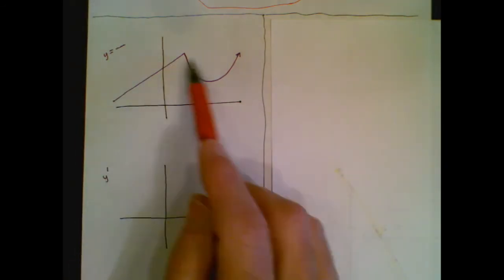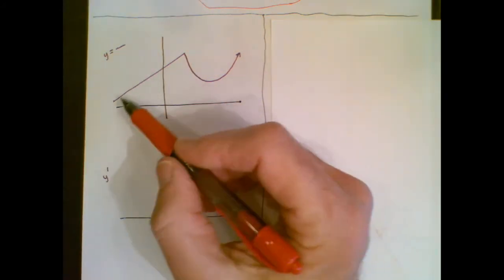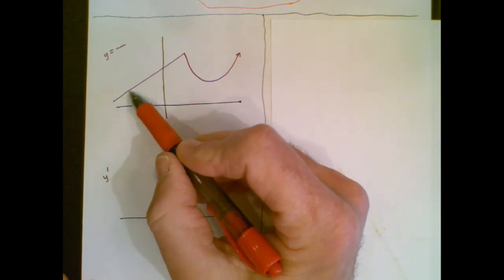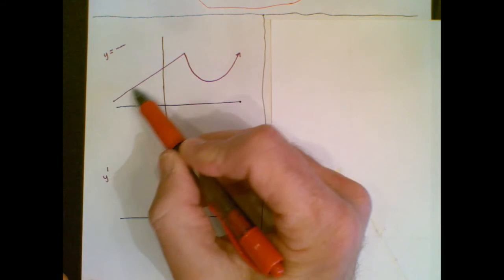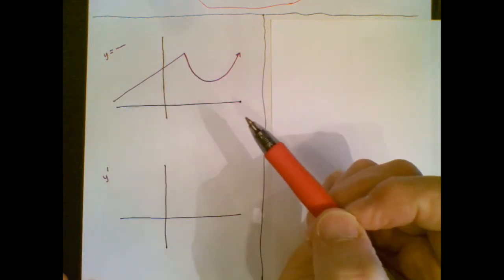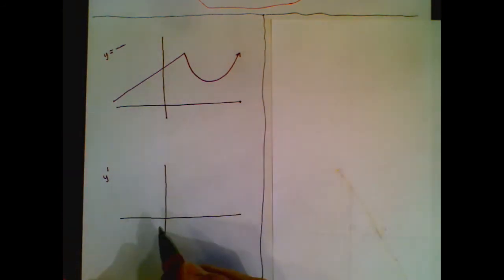Here's my original function, probably a piecewise function, and we're going to sketch a derivative. I'm going to kind of talk to myself as I work this out. In this stretch, the slope is never changing, it's always positive, and I'm just going to estimate a slope of 2.